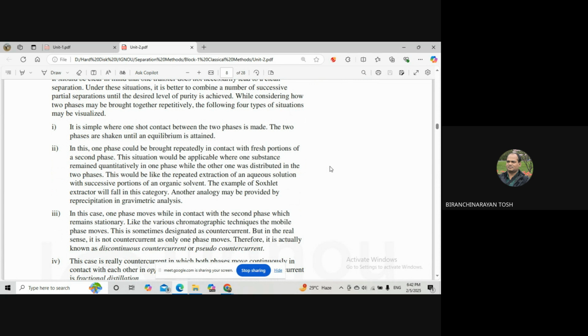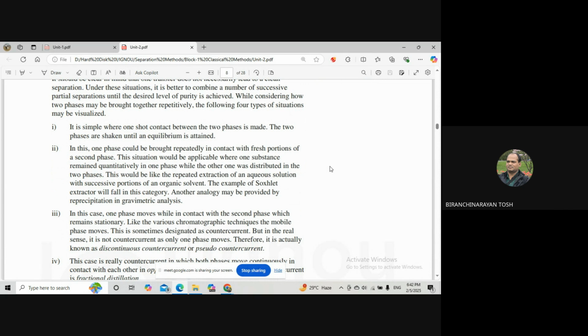In the third case, one phase moves while in contact with the second phase, and the second phase remains stationary. This is known as discontinuous concurrent or pseudo countercurrent extraction. The fourth case is really the countercurrent, in which both phases move continuously in contact with each other but in opposite directions. A true example of countercurrent is fractional distillation.